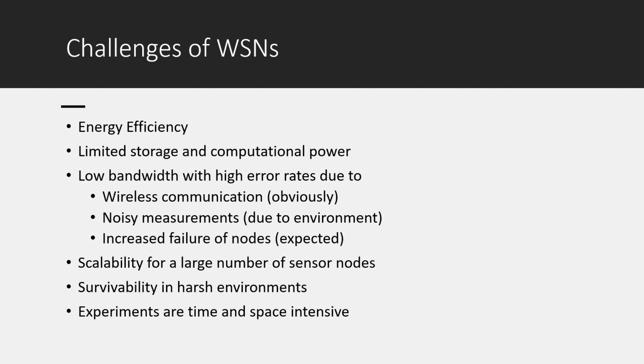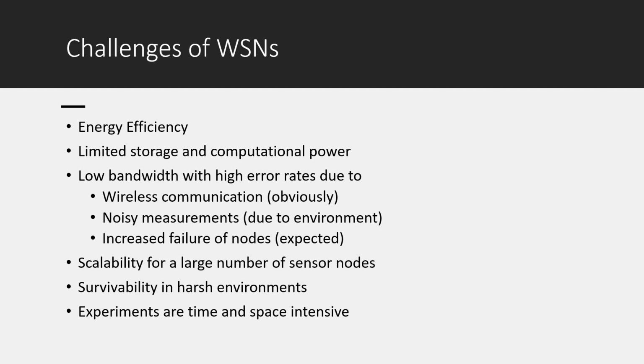And as the environment is very noisy, the measurements can be very different from the original ones, which is why the error rates also increase. Failure of nodes is also expected in wireless sensor networks, and the error rates increase because of that too.